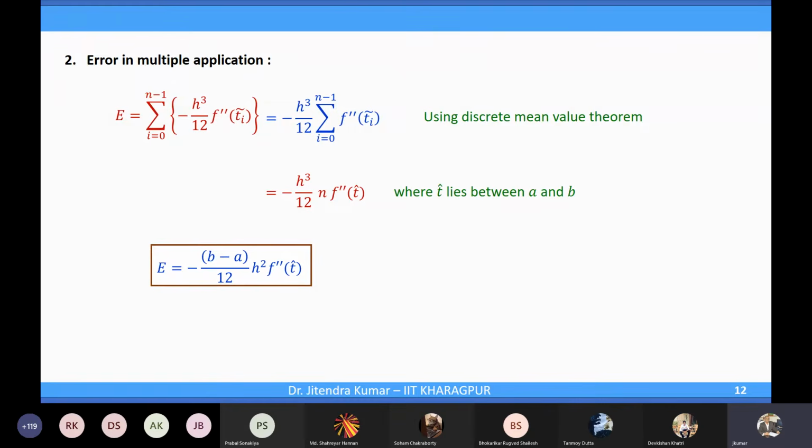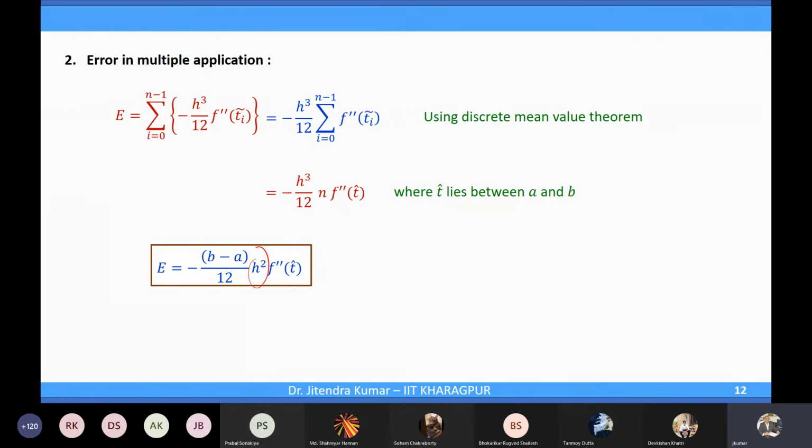The h square term is actually the important one, because the rest is constant: b minus a divided by 12, and the double derivative, for which you may find the maximum value in that range. So what is important is h square. As you make the step size smaller to get better accuracy, your error reduces by the square.